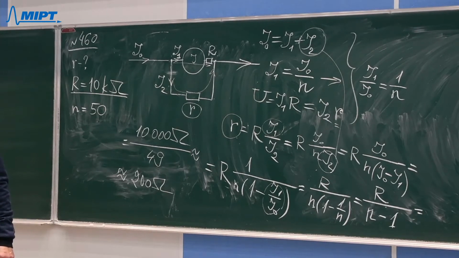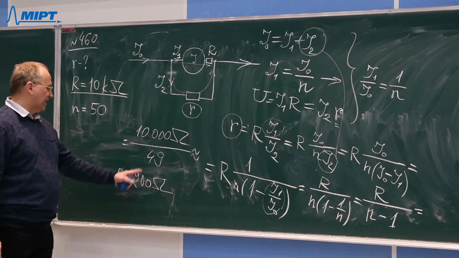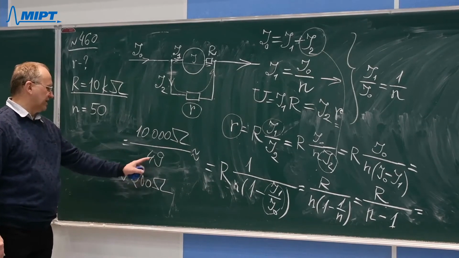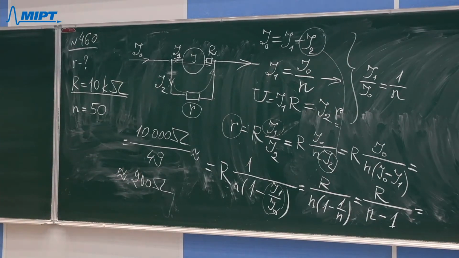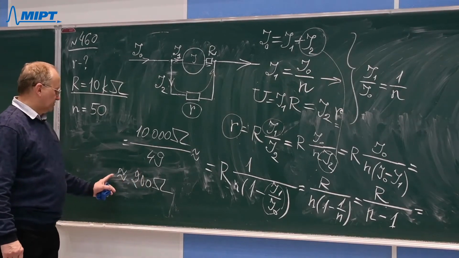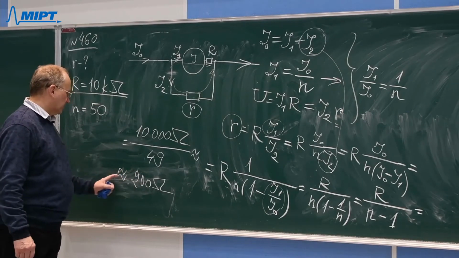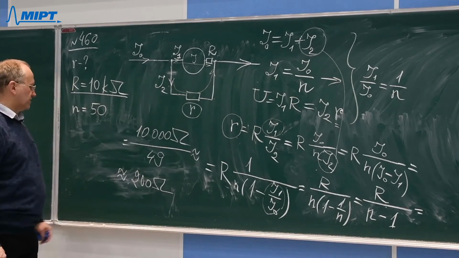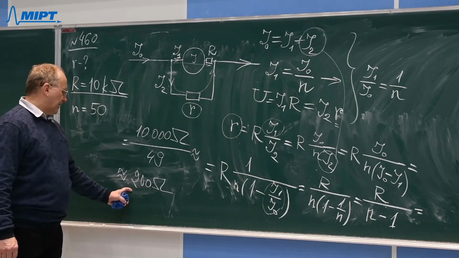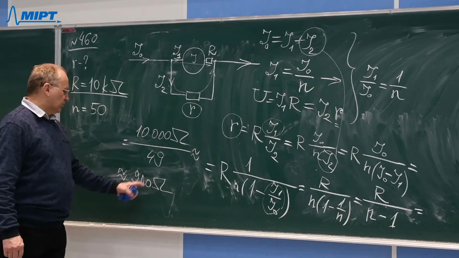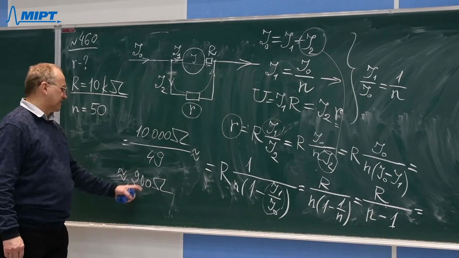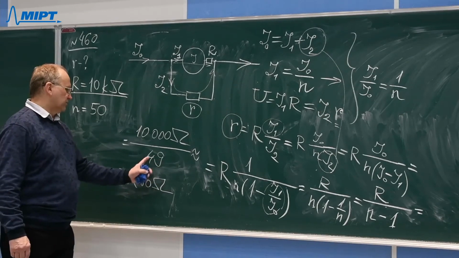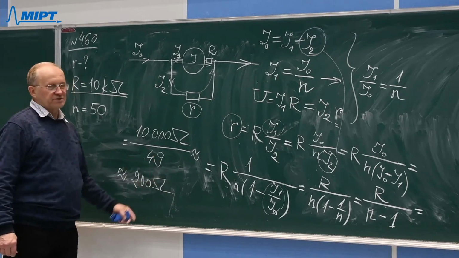Actually, if we divide by 49 rather than by 50, we will obtain a slightly larger resistance, but it makes no sense to be so strict in our calculations. It doesn't matter if we choose 200 ohms or another resistance just 2% larger. If I choose dividing by 50 or dividing by 49, the difference is just 2%.